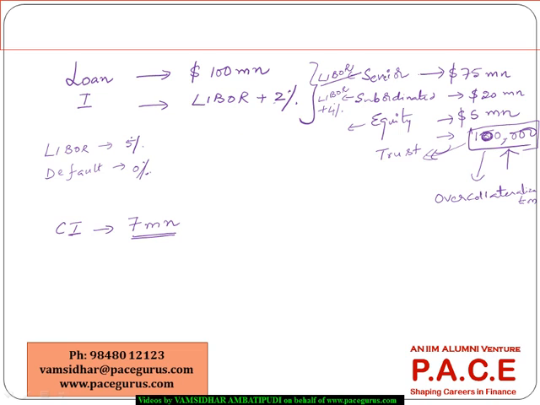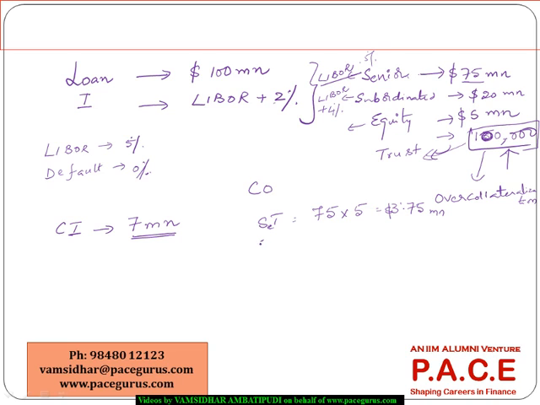Now, what are the face values of these bonds? 75 million is the senior tranche, and on the senior tranche there is a 5% interest that is getting paid. So on the cash outflow side, the senior tranche will receive 75 into 5, which is almost 3.75 million.